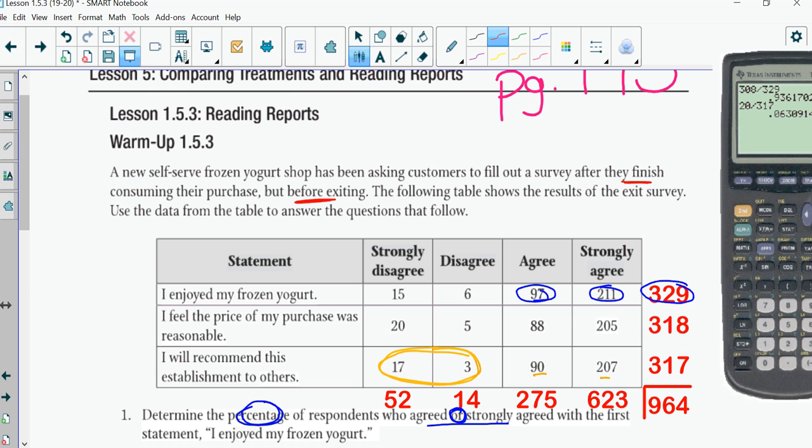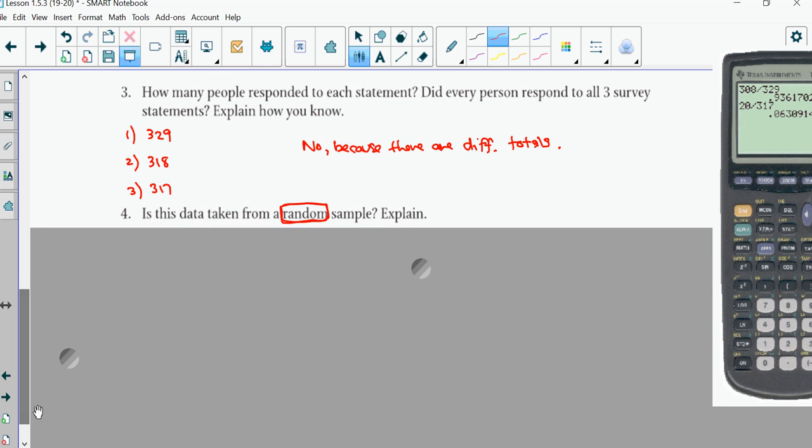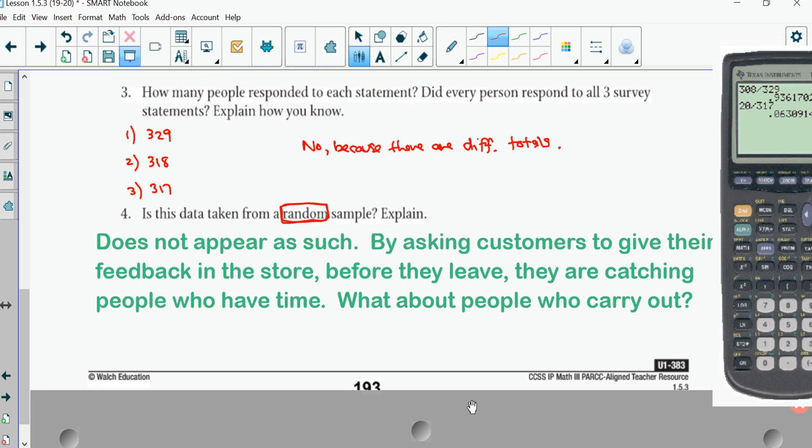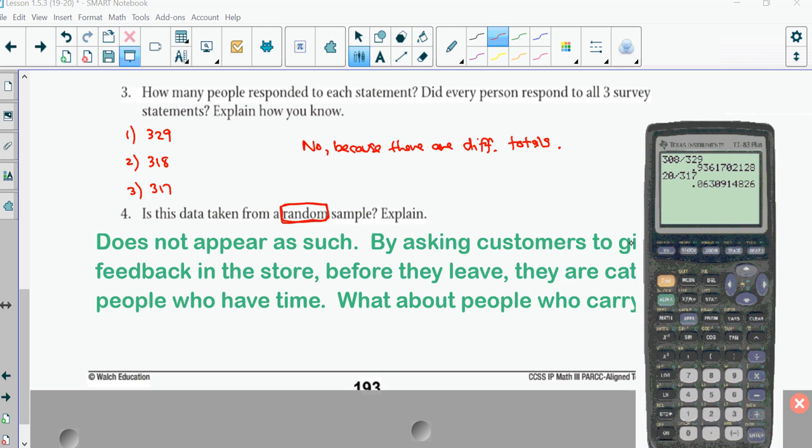So they've taken the time to order, sit down, eat, and then they're asked a question before exiting. Or they walk in, they get their food, and right before exiting to take it home, they get asked their survey. So the answer to this question, is it a random sample, is it does not appear as such. It could be, it just doesn't appear that way.